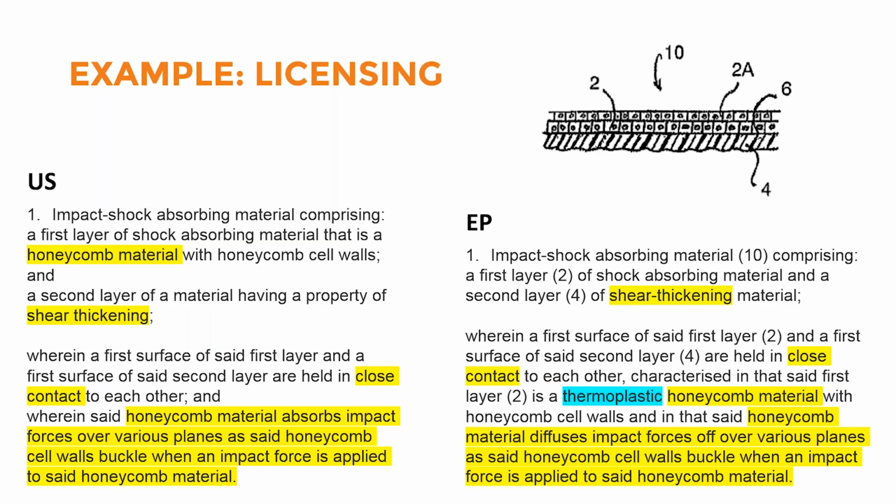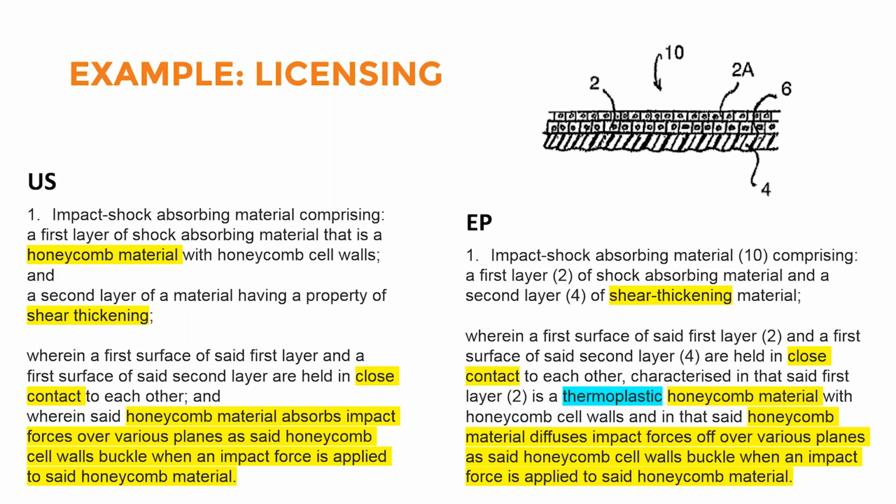Let's say it's hockey pads. And it's got this honeycomb material and a shear thickening material. That's what we're looking at here. And they show me their US patent, and they show me we've got international coverage as well.